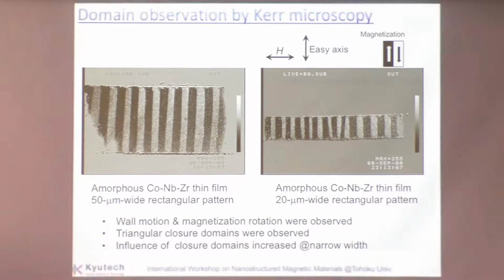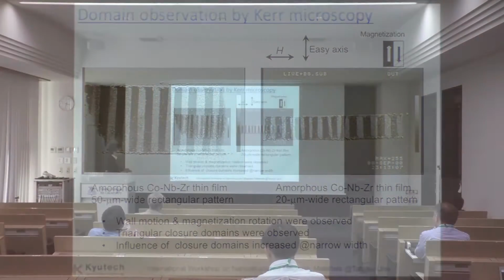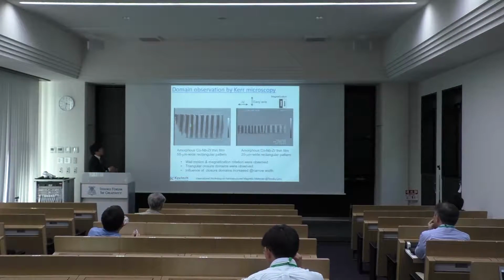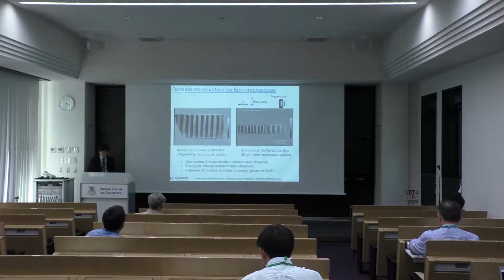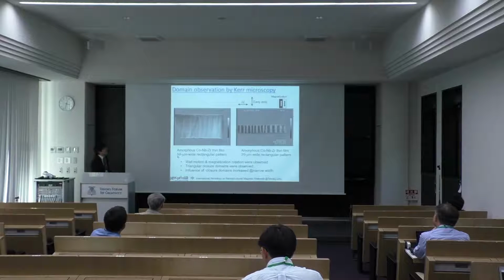This figure is an amorphous cobalt niobium zirconium thin film fabricated in a 5 micron wide rectangular pattern. 5 micron. In this case, a 20 micron wide rectangular pattern. Okay, I'll show you the movie of the domain change during the magnetic field sweep.